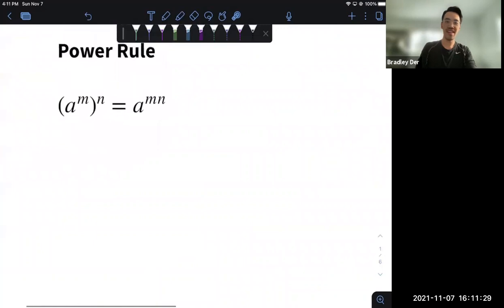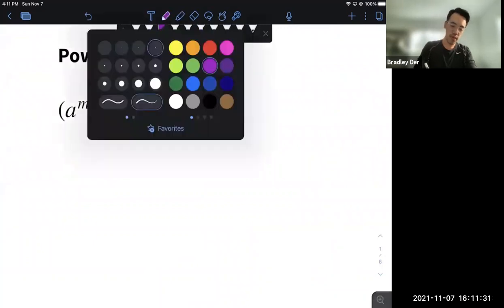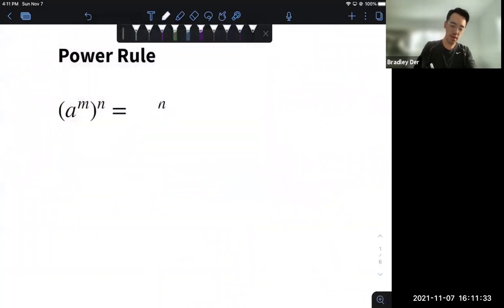We can apply something similar for our power rule. I'll cover up the right-hand part of the rule and start with the left. So a to the m to the n, let's say m is equal to 4, and n is equal to, what have we not used yet? Let's say 6.